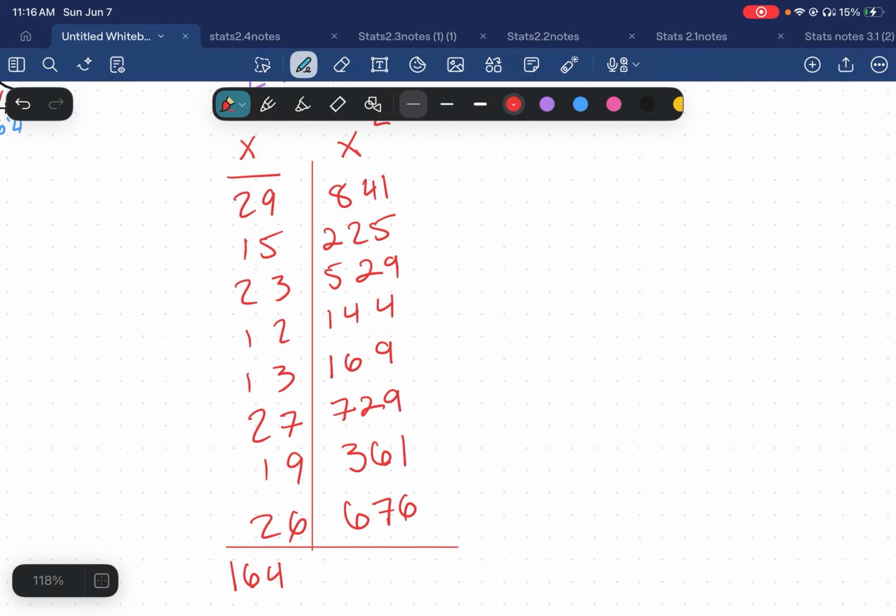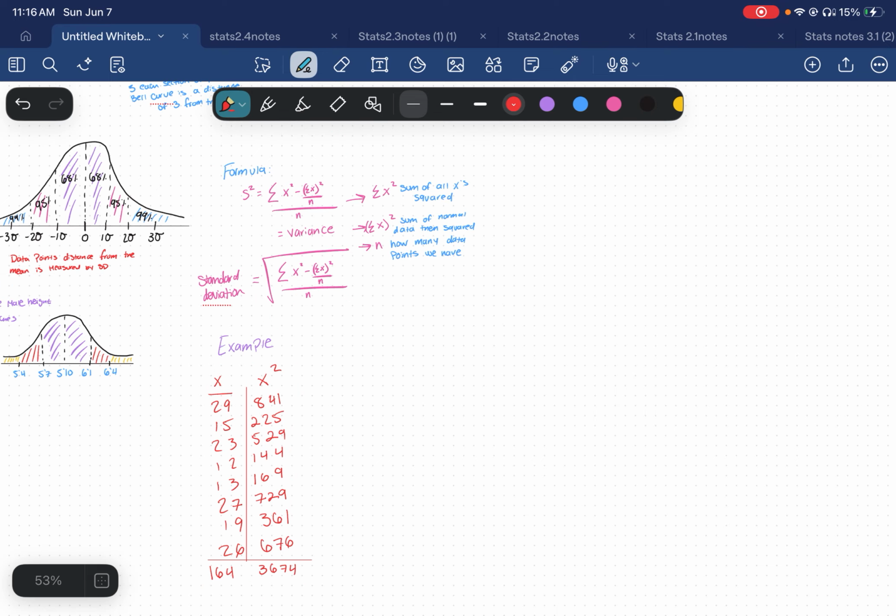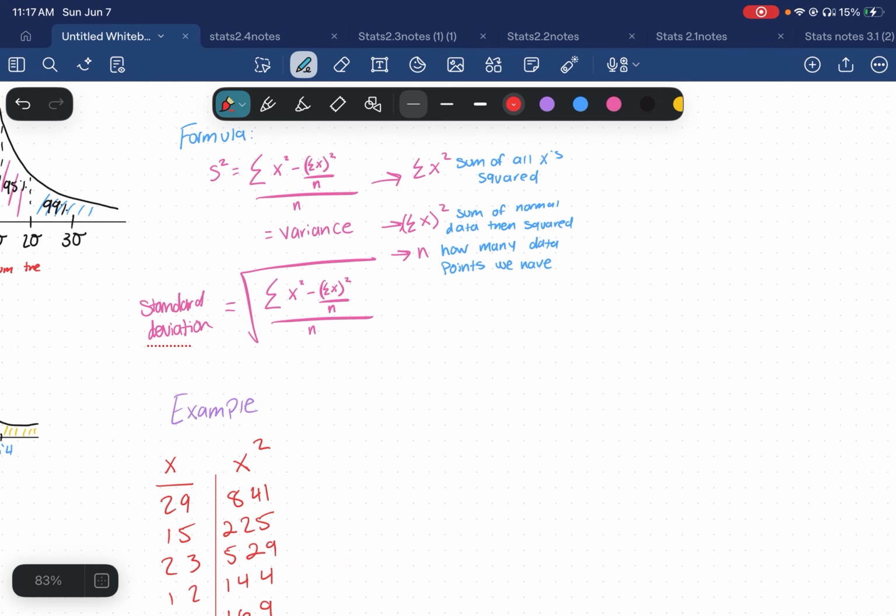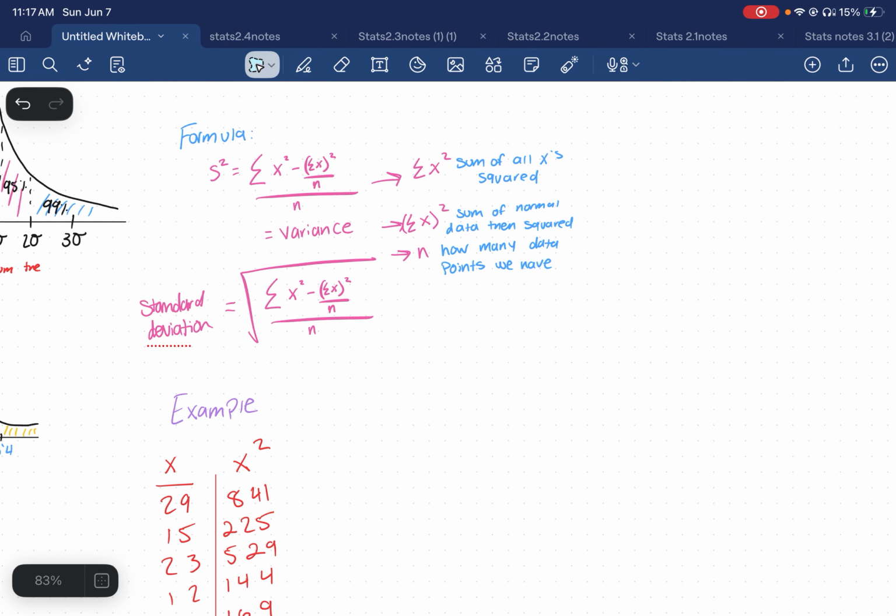So 841 plus 225 plus 529 plus 144 plus 169 plus 729 plus 361 plus 676, which is 3,674.